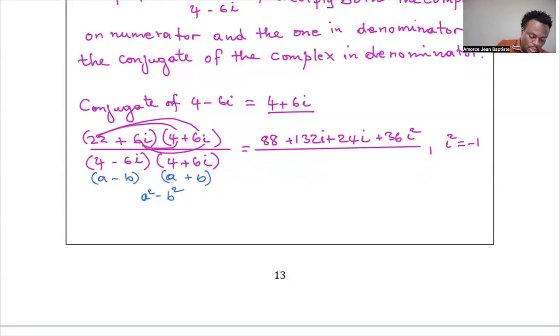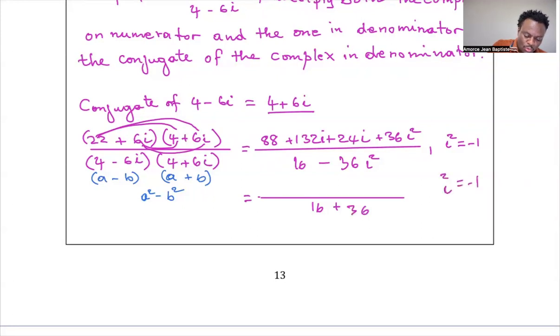So that's 4 squared, 16, minus 36 i squared. The denominator will be 16 plus 36, because i squared equals -1. -36 times -1 is +36.